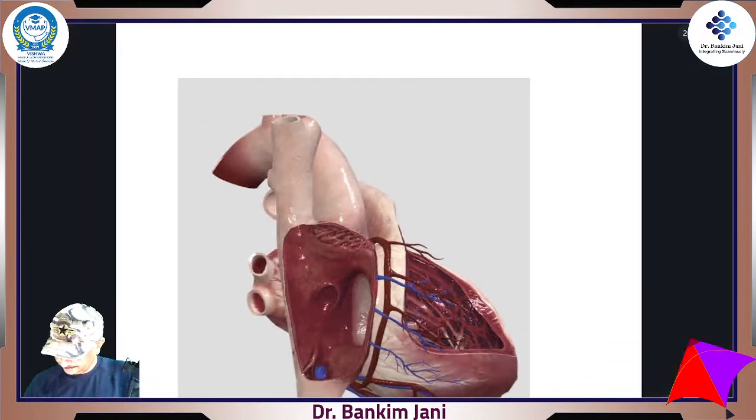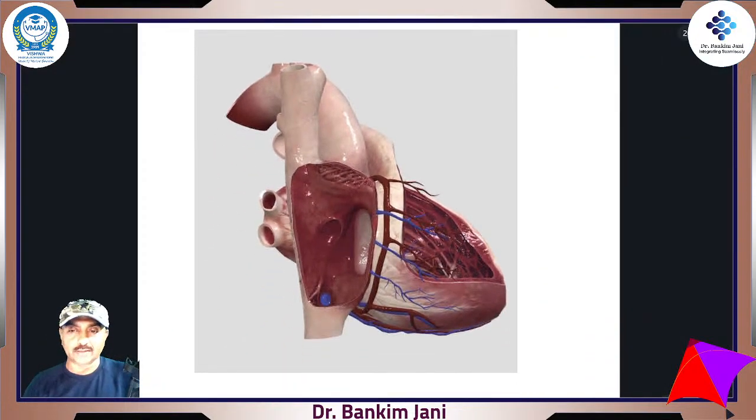Okay. Now taking the inside. So this is now the right atrium. In the right atrium, at first look, there are two extra things I want to show you, which we did not see during dissection because they were not very evident. But sometimes in graphics you see things more properly.